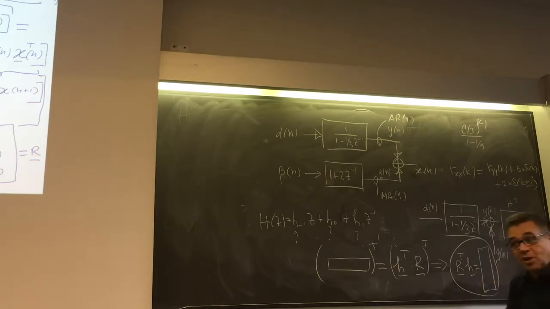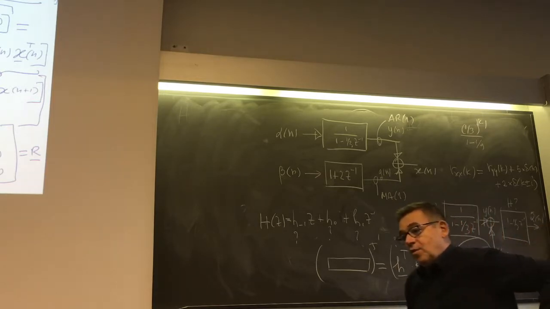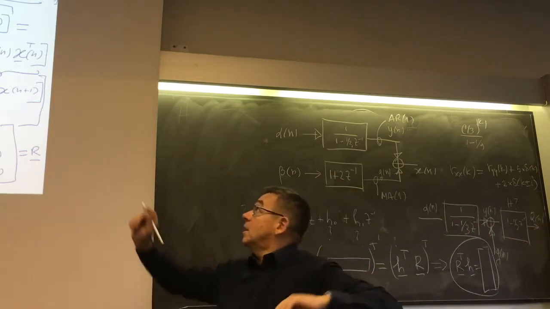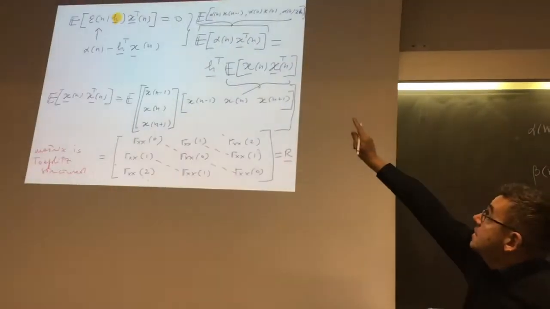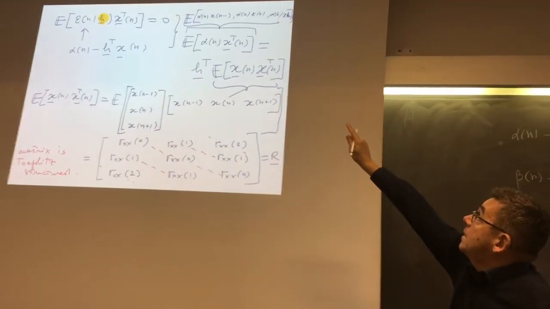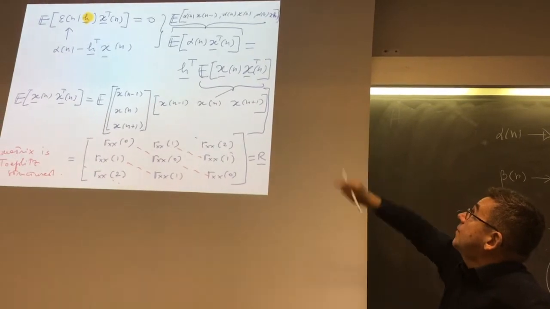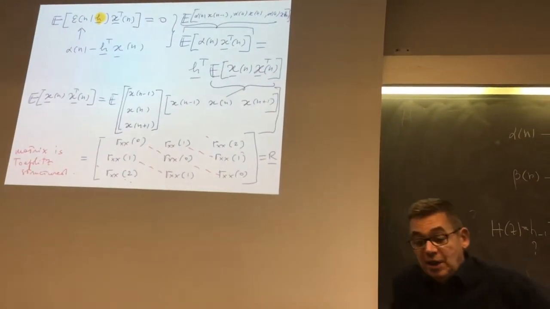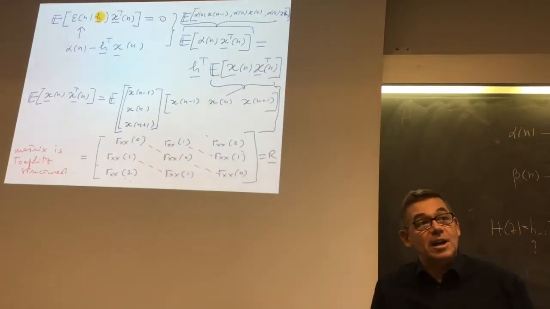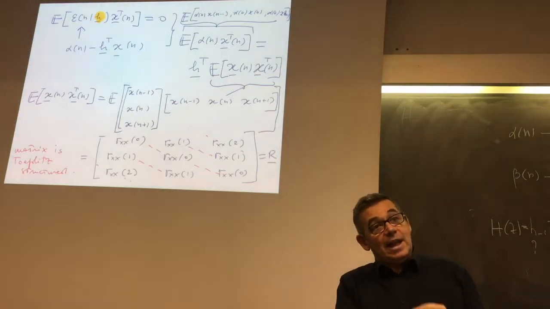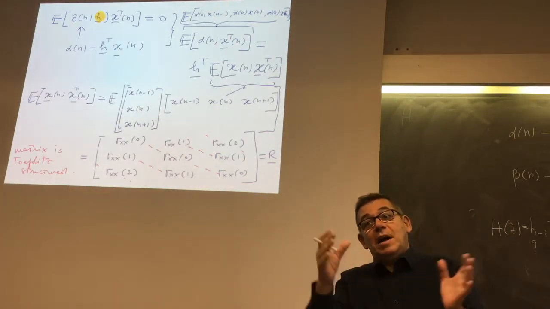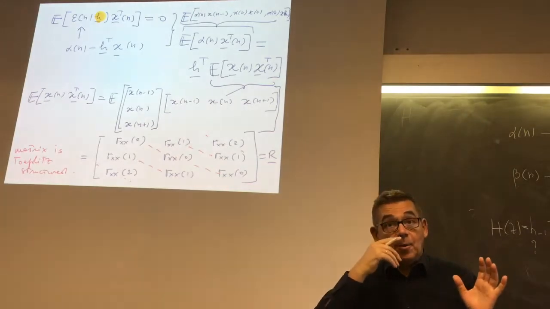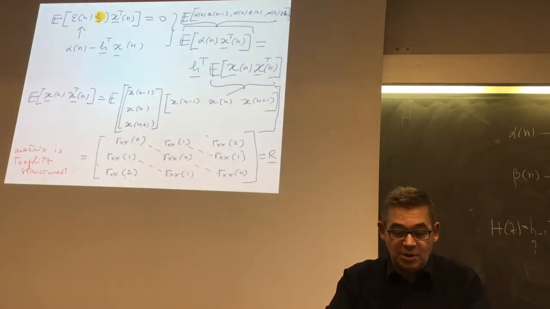So how to compute the column? The column is alpha and xn minus 1, alpha and xn, alpha and xn plus 1. So it is of the kind where I have alpha and x n minus or plus a value. So let's compute this term separately.